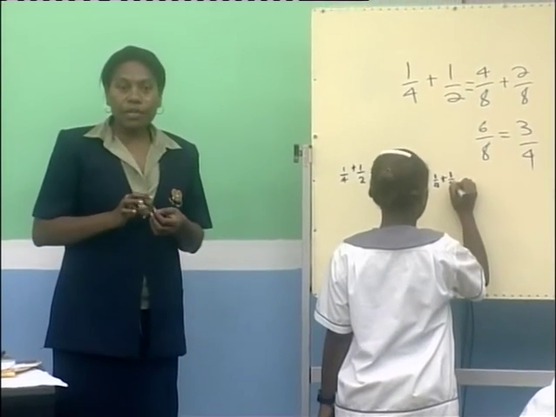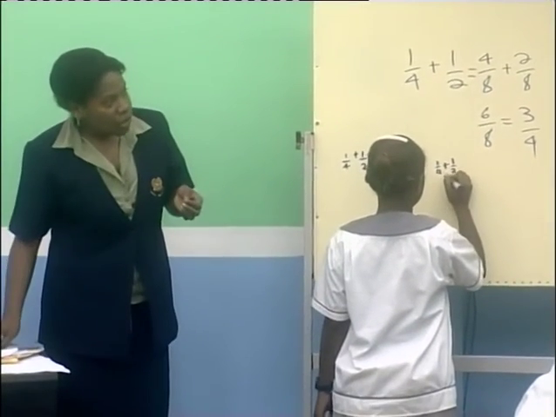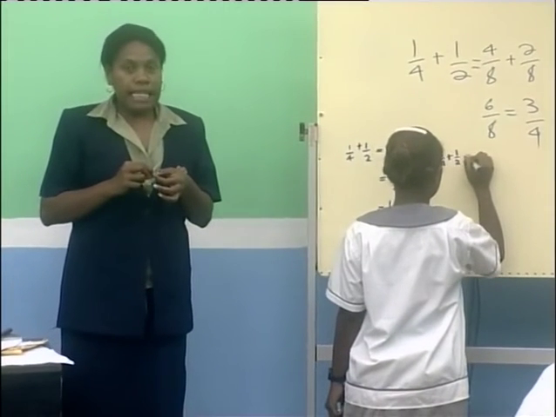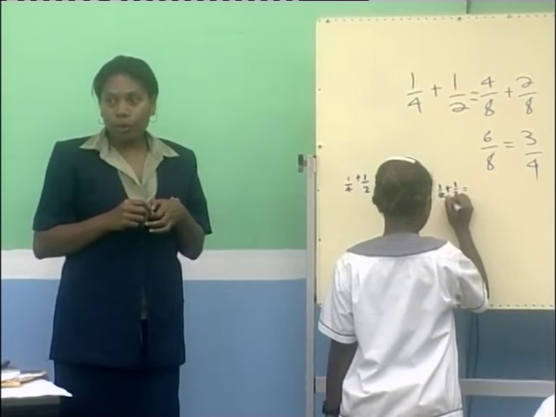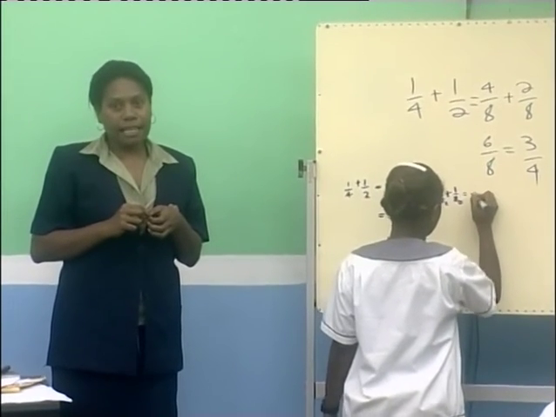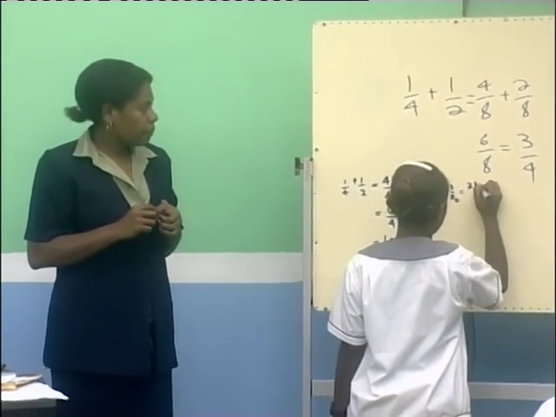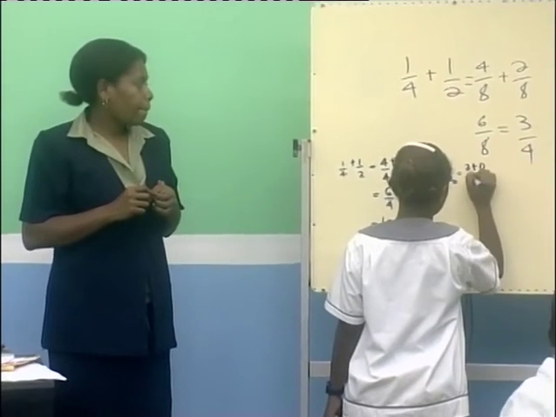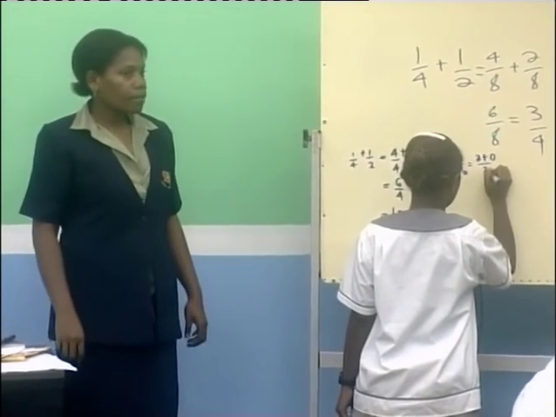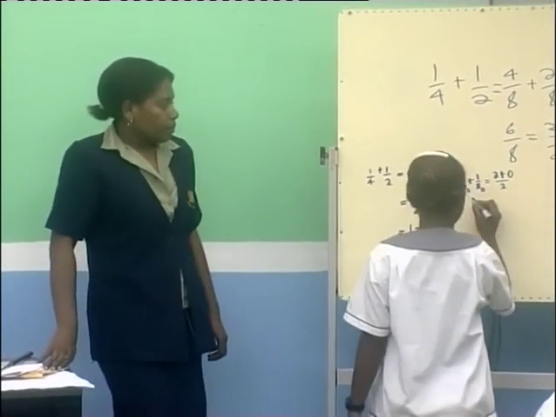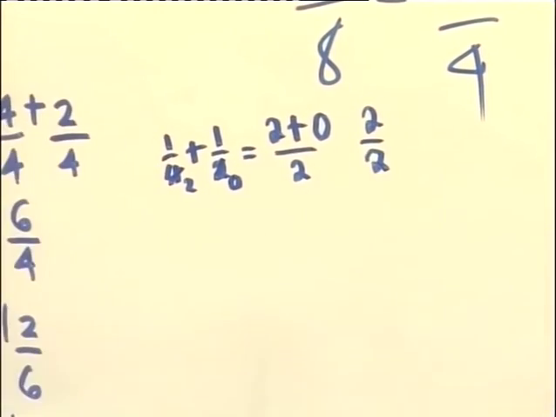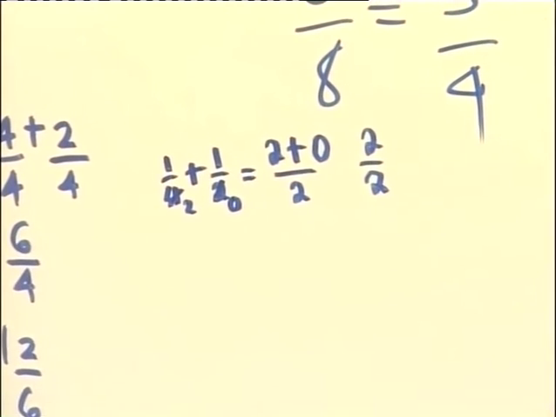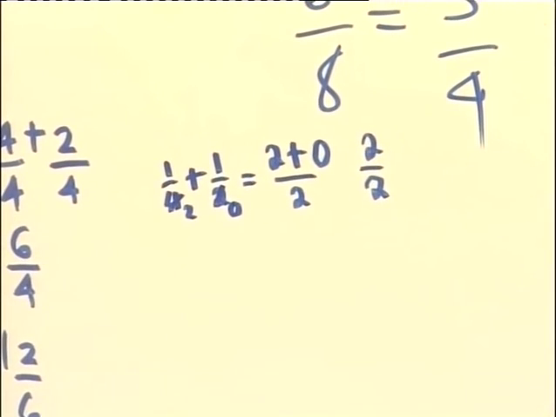Okay, remember the instruction says you apply the LCD rule, lowest common denominator. So in here we are looking for the lowest common denominator, right? All right, let's have a look at the working outs.